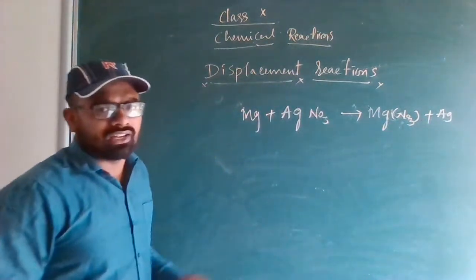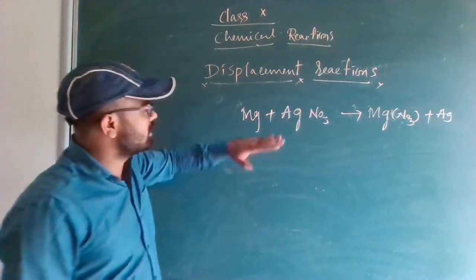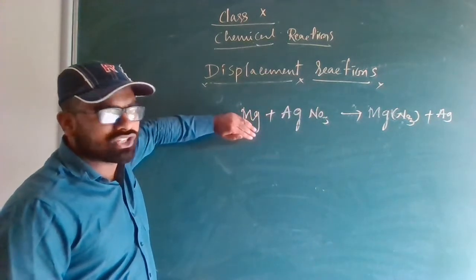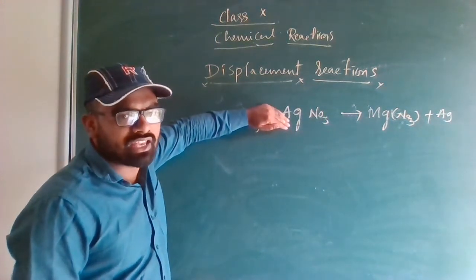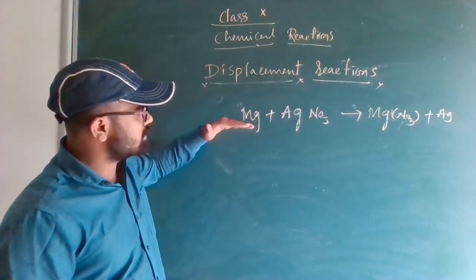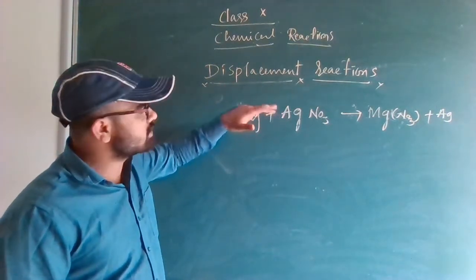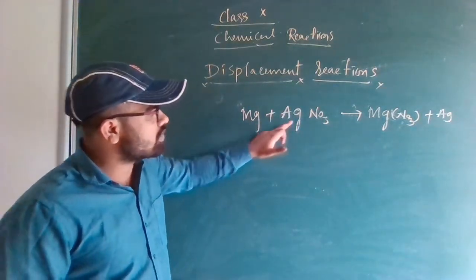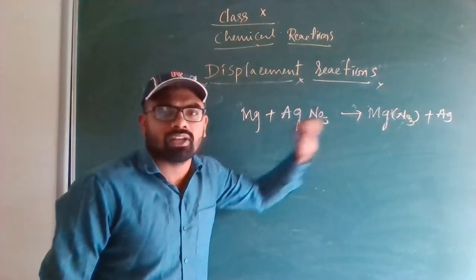Remember the displacement: Ag is displaced by magnesium. Magnesium is more reactive than silver. Hence magnesium displaces silver from its silver nitrate solution.